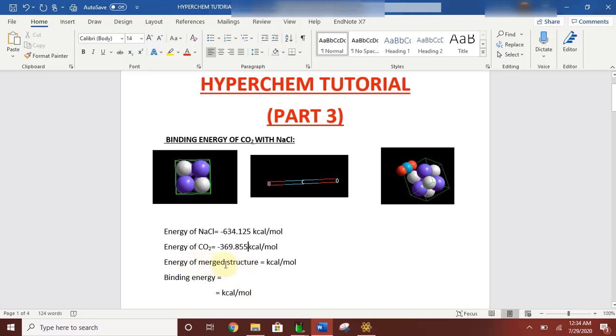Now here I write the energy of the merged structure, negative 1003.6143. In order to calculate the binding energy, first I write the energy of the merged structure.